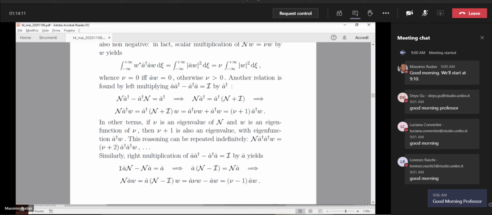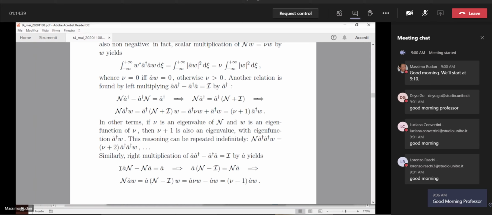But earlier in the game, if you look at the first line on the page, we demonstrated that the eigenvalues of the number operator cannot be negative. So the demonstration that Ni cannot be negative is perfectly legitimate.